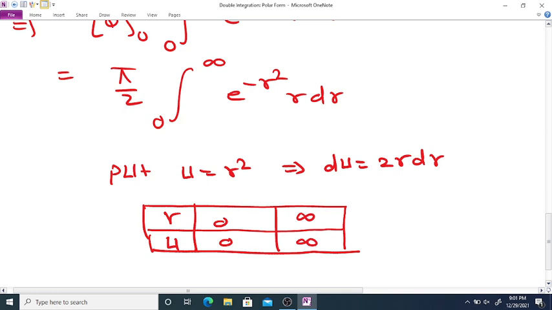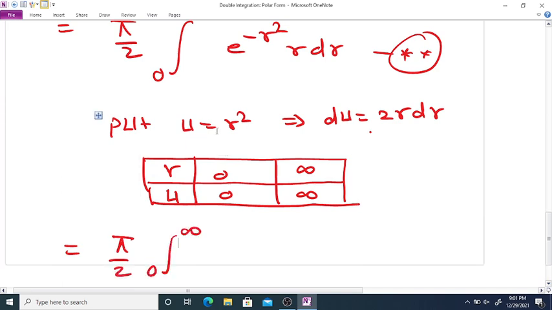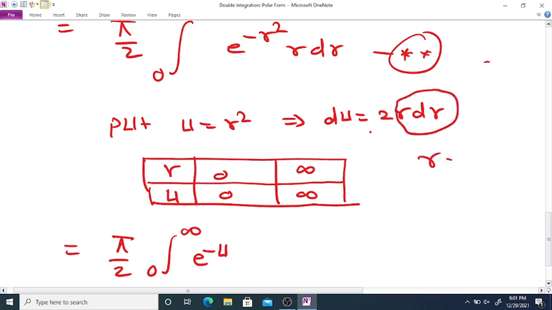Therefore equation double star becomes pi by 2 times the integration from 0 to infinity of e raised to minus r square, where the value of r square is u, so e raised to minus u, and r dr is equal to du by 2.